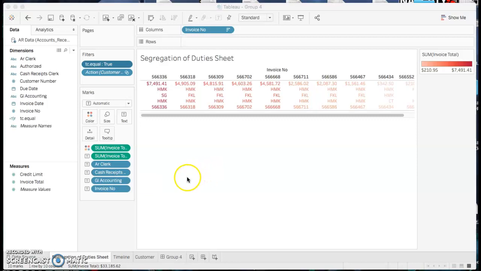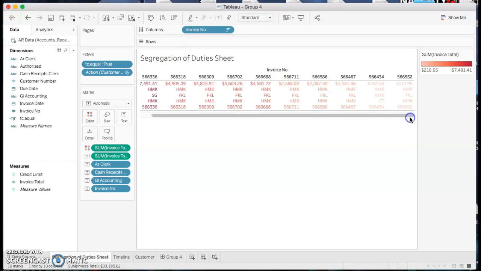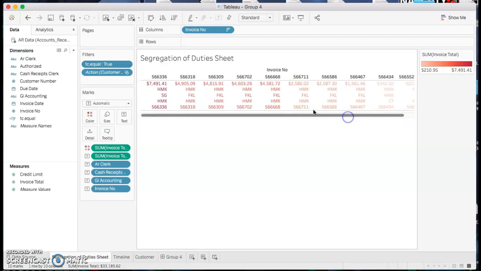So with that given information, we created this segregation of duties sheet where we display any sales for which these segregation of duties controls were not followed. As you can see here, we have 10 transactions that didn't follow segregation of duties, where two or more of the clerks did more than one job.